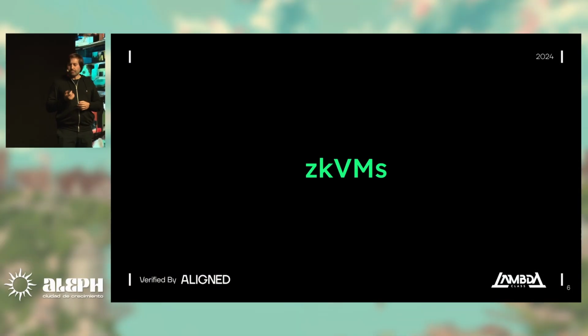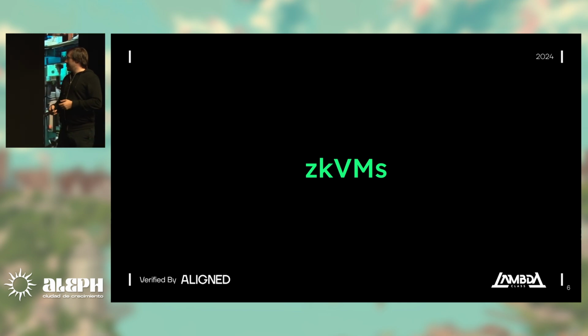No more writing circuits. So we think that in this sense, it's precisely developing a higher-level language for writing circuits. Okay, so we think that this is going to be one of the game changers.